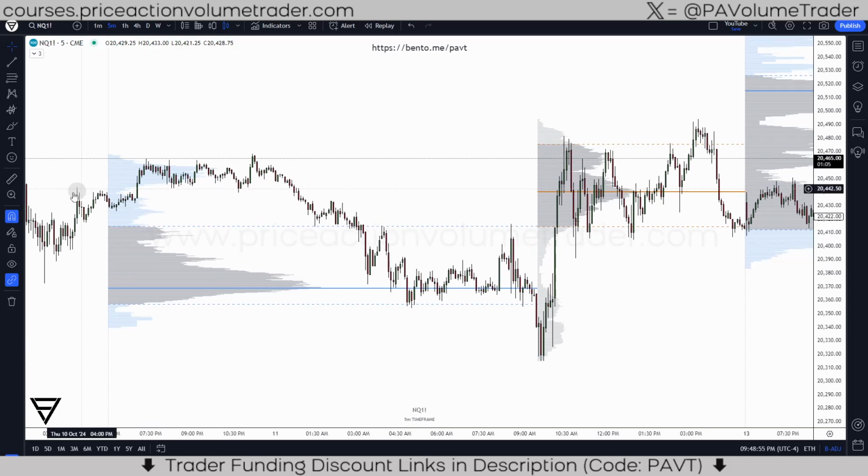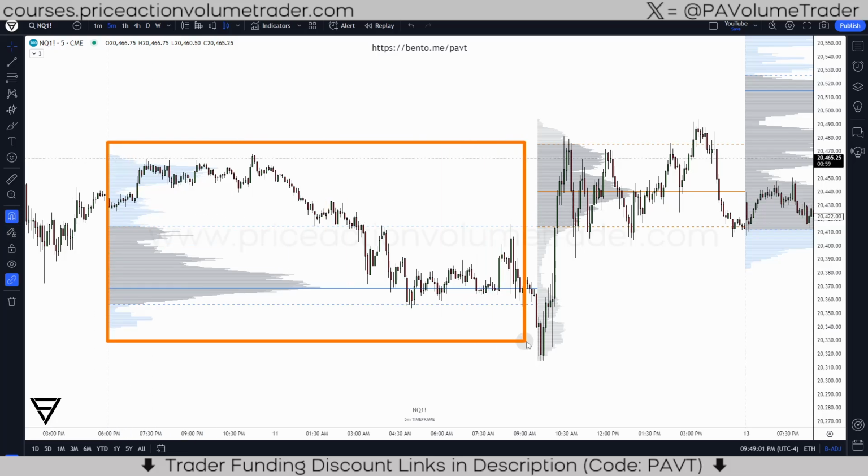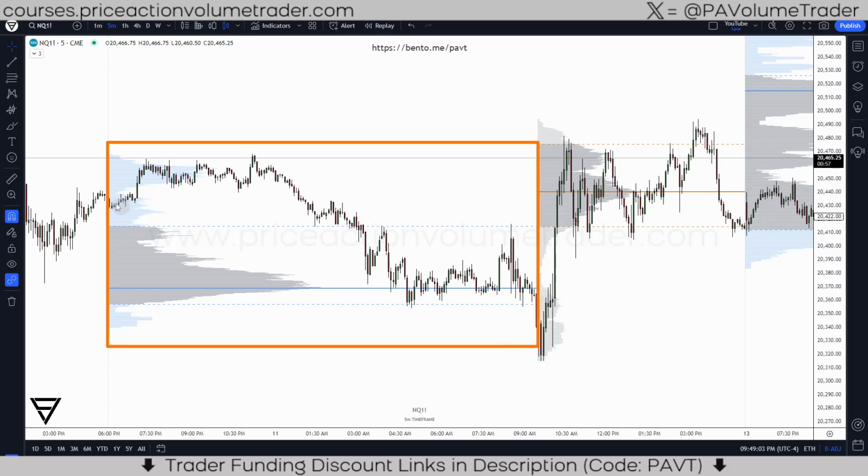So what do I mean by that? This is a 5-minute NASDAQ chart. Right here, I always like to have in blue the extended trading hours, 6 p.m. Eastern to 9:30 a.m. Eastern of the next day. Following that, we have regular trading hours, all in gray.